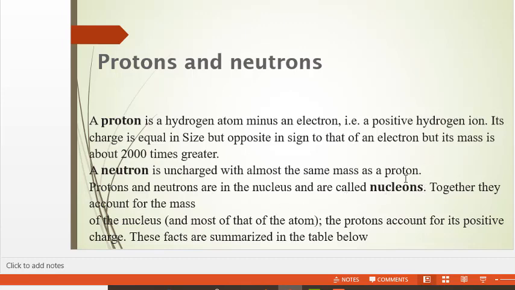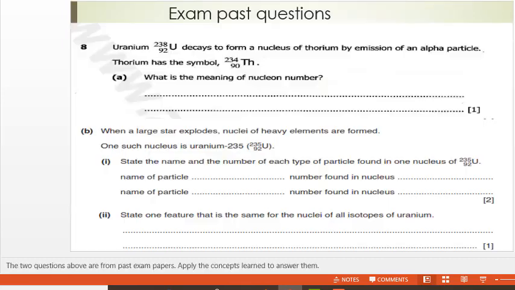So for the name of particle, we can start with neutron or with proton. Name of particle, proton. Number found in the nucleus: the proton number is simply the number below, so it's 92 there. You score yourself 1 mark if you get it correct here and here. That's a mark out of these 2 marks.